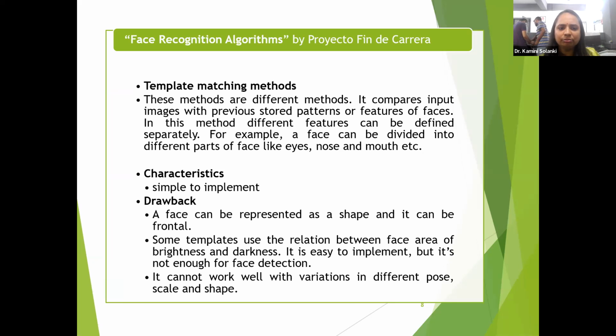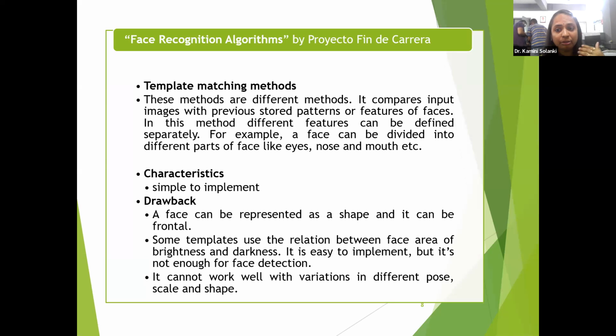So in this method, different features can be defined separately. For example, a face can be divided into different parts, like the eyes, nose, mouth, etc. Right? It is very easy to implement, but the drawback is that it can only be represented as a shape, and it can be frontal.